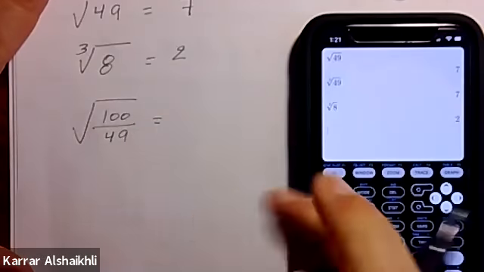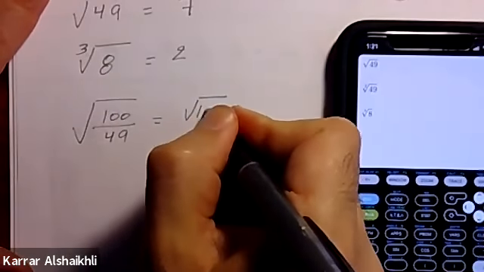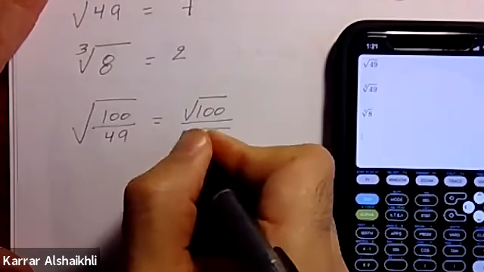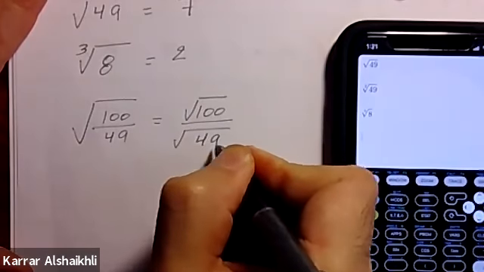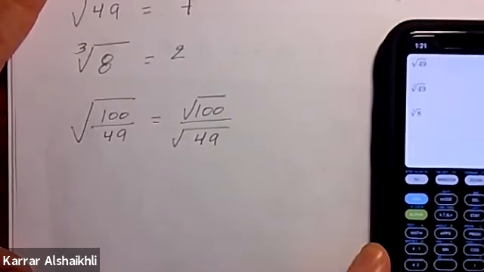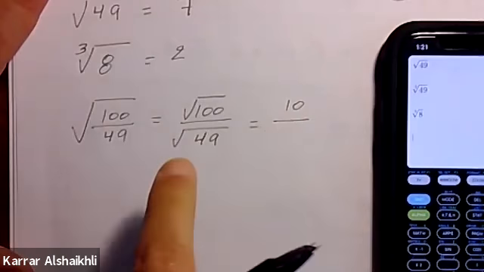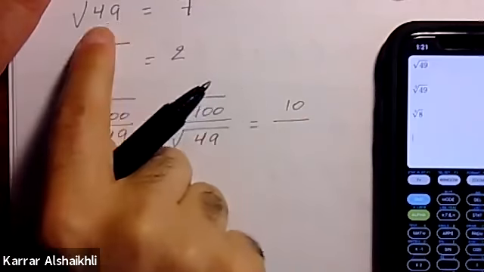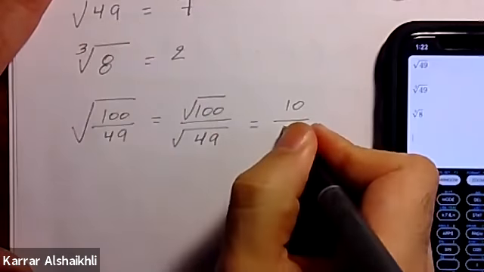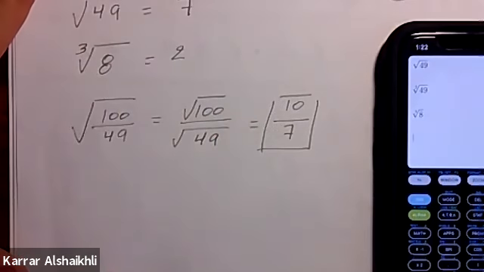So we have to distribute the root. It's going to be the square root of 100 over the square root of 49. The square root of 100, if you're using the calculator, is going to be 10, over the square root of 49. We already did this one, it's going to be 7. So the result is going to be 10 over 7.